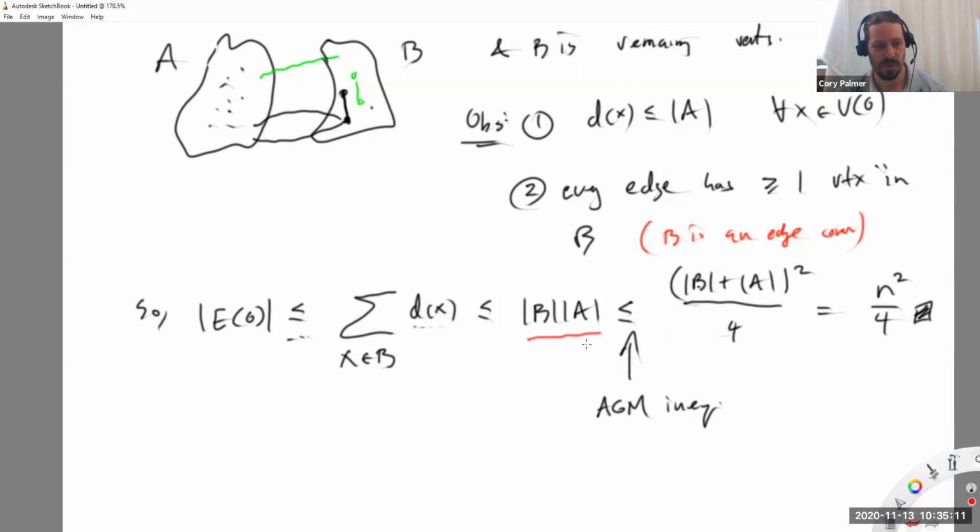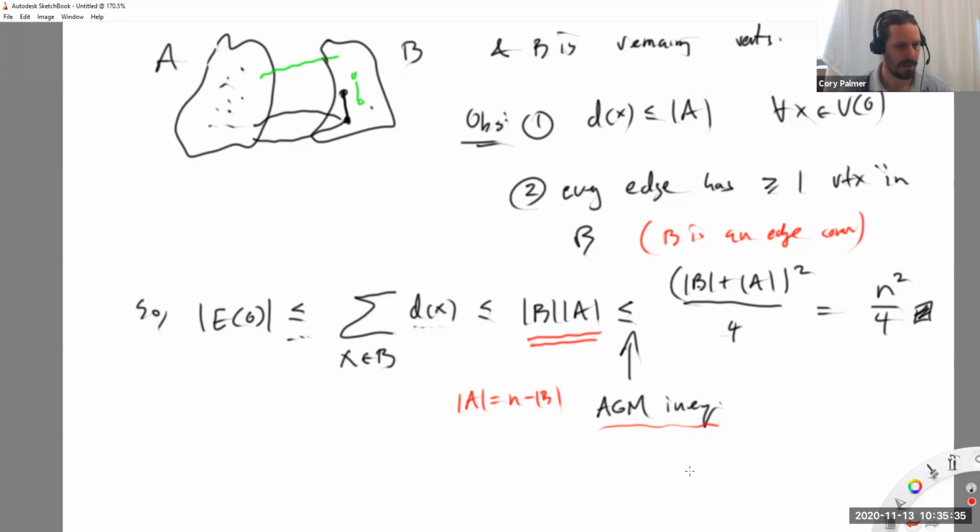If you just look at this quantity here and ask how big it can be, well, A equals n minus B. So you're just maximizing the quantity B times n minus B. That's maximized at n half and n half by calculus, right? You can prove that by calculus directly. But I think it's cute to apply the AGM inequality, which can be proved via calculus as well, although you don't have to, you can even just use regular arithmetic.